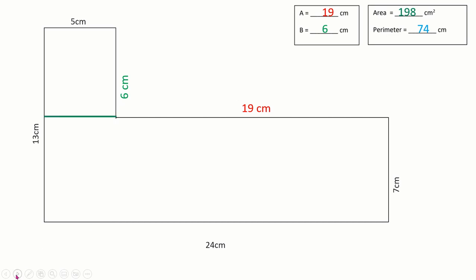But my question is, had I drawn a horizontal line, like I've just shown you here in green, and then calculated the area of the entire shape, would my answer have been more than 198 centimetres squared or less than 198 centimetres squared? That's not a question I'm going to answer. Some of you have said it's more, some of you have said it's less, but work it out, look at what happens, and we'll go from there.